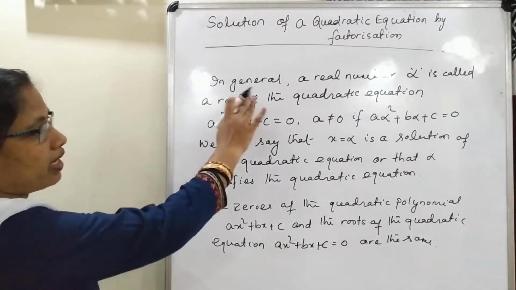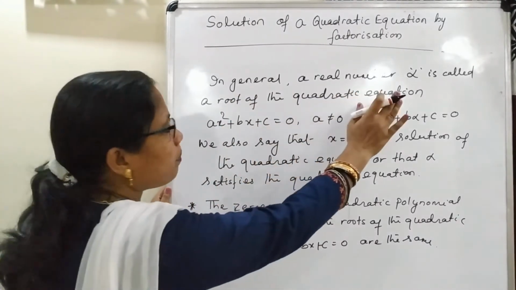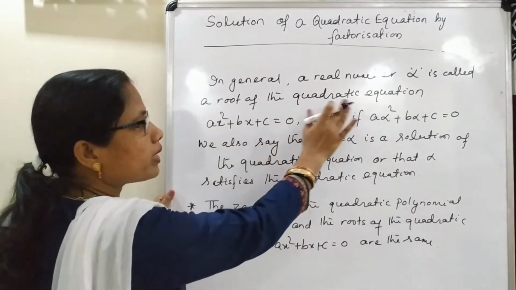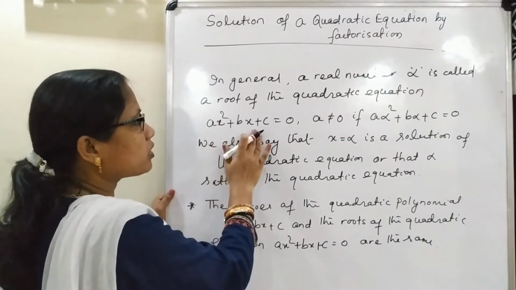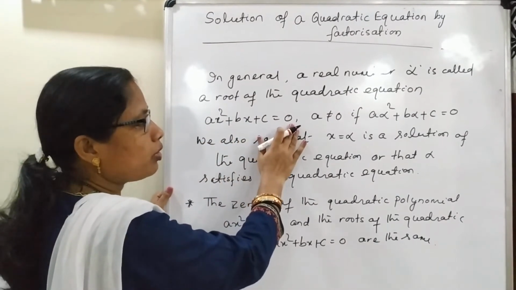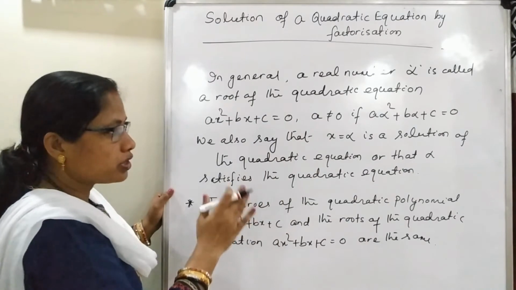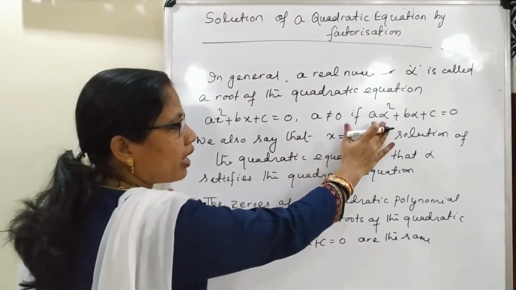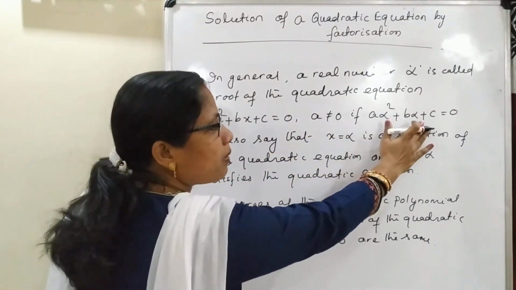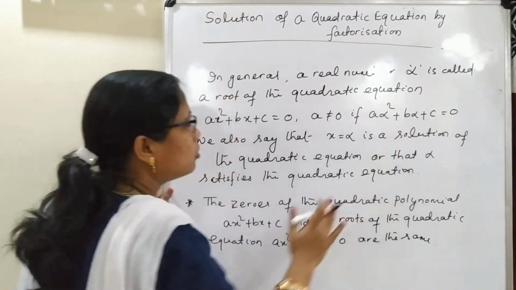So in general, a real number alpha is called a root of the quadratic equation ax square plus bx plus c is equal to 0, where a is not equal to 0, if a alpha square plus b alpha plus c is equal to 0.